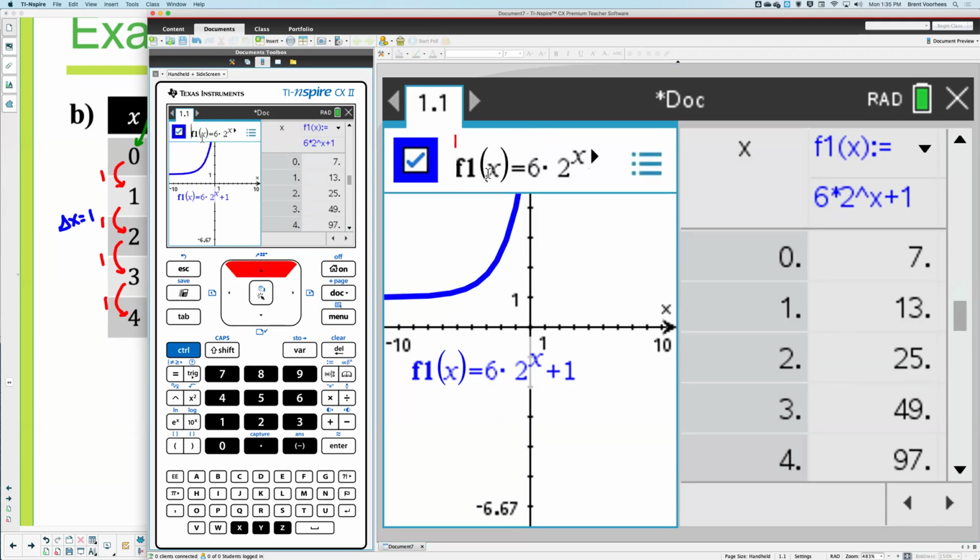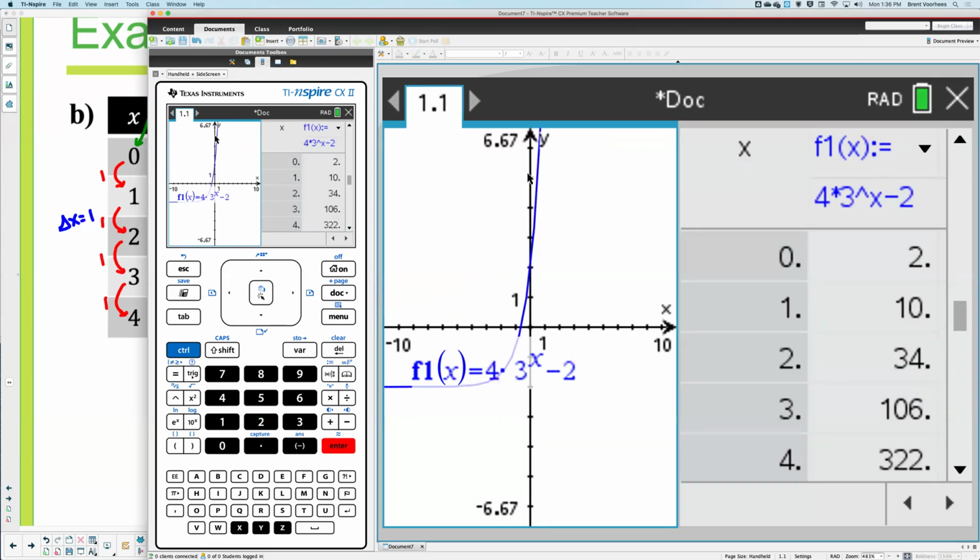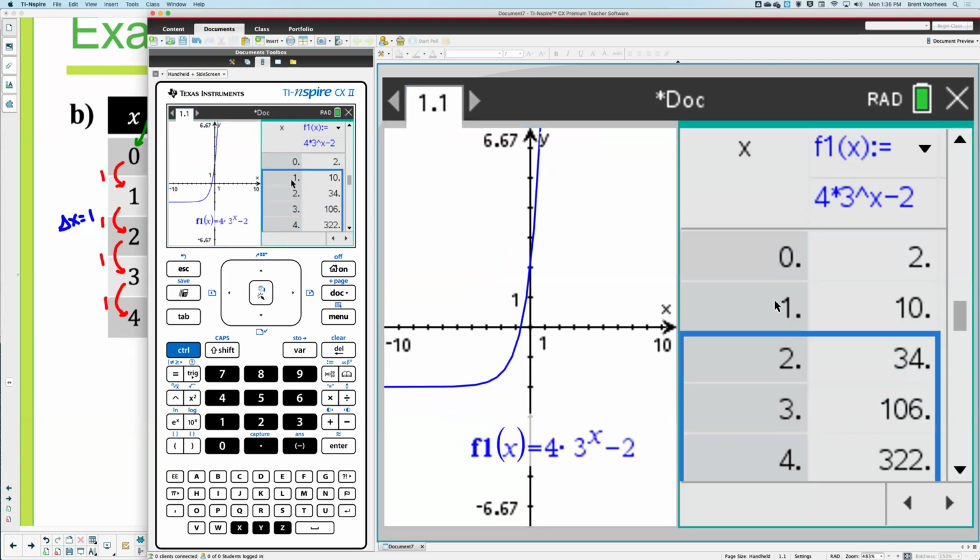Just press the up arrow and let's change our equation. What was our new equation? 4 for our y1. What did we get for our base? Was it a 3? And then what was our d value? -2. Press enter and then check your table. By the way, is this growth or decay? This would be growth.